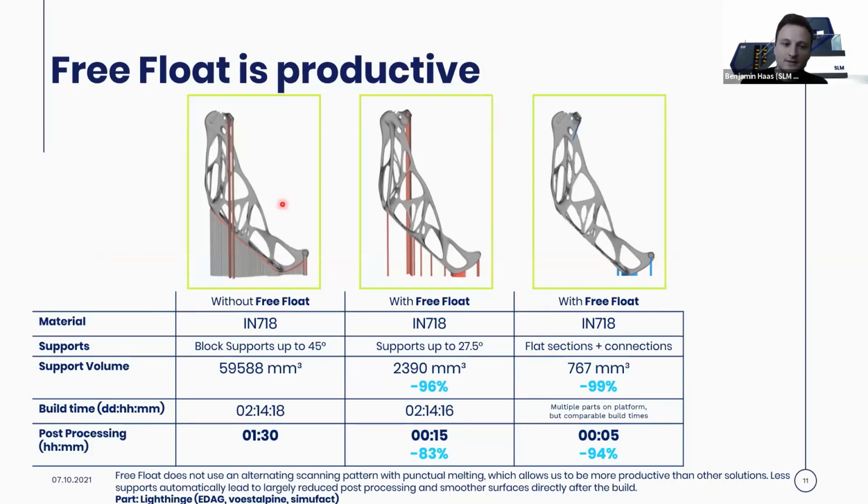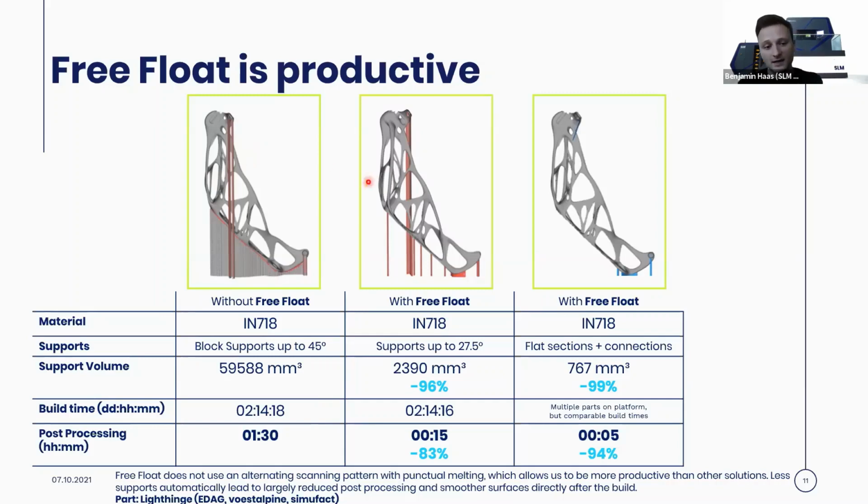I think this slide summarizes it quite well, especially those two examples in the beginning. As I said, this was the first trial that we built with the conventional supporting, using supports up to 45 degrees.